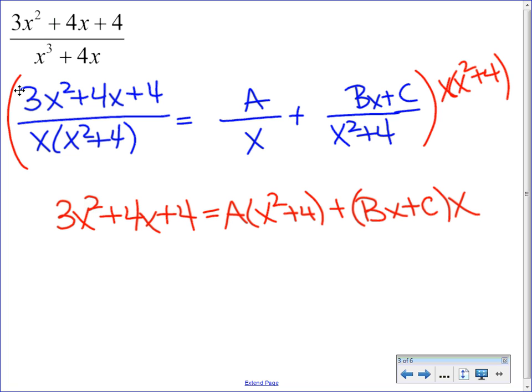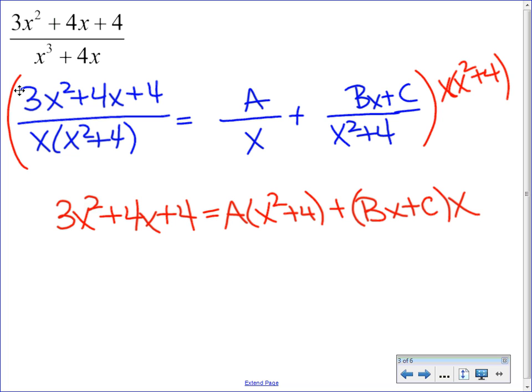I have a quadratic equation on the left, right? We have x squared. Over here, this is quadratic, isn't it? And they're set equal to each other. So what should be true about the coefficients of each variable on both sides? They should be equal, right?